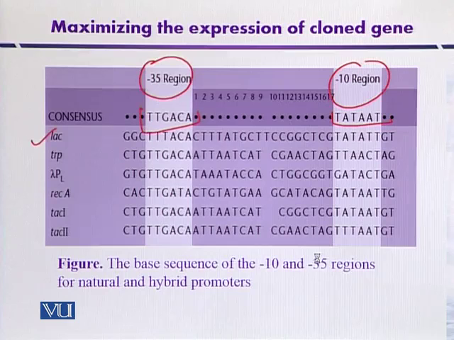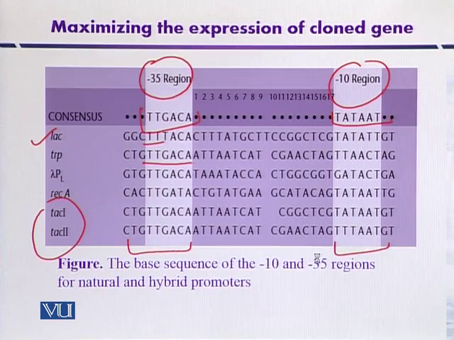And here the lac promoter does not have 100% homology with the consensus sequence. On the other hand, this promoter has more homology. The last two promoters, TAC1 and TAC2, are stronger because of high similarity with the -35 and -10 regions.